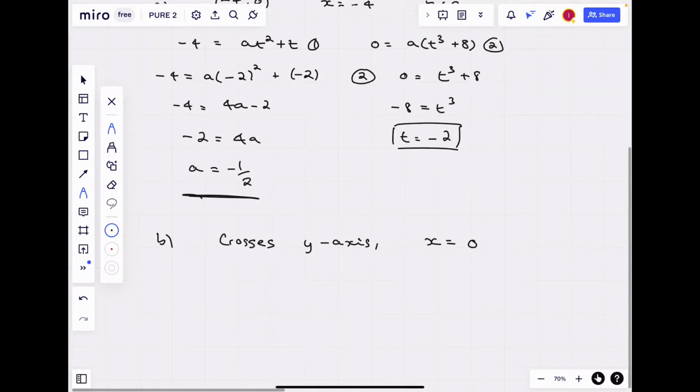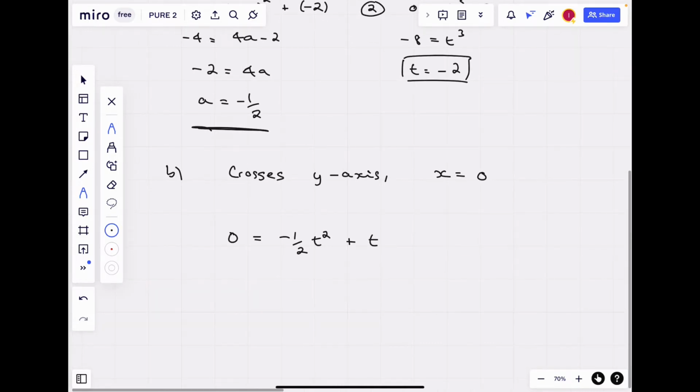So you can take equation 1: 0 equals minus a half t squared plus t. I'm plugging in my value of a, which I worked out in part A. I'm plugging in x equals 0 because I know it's crossing the y-axis. And now, by working out t, you can essentially work out the two points where it crosses.